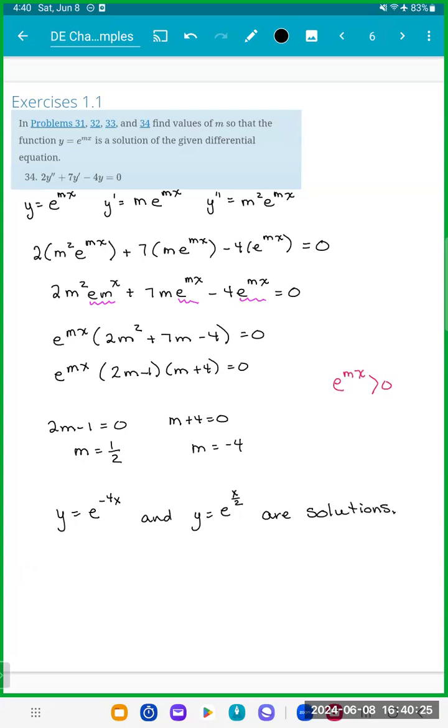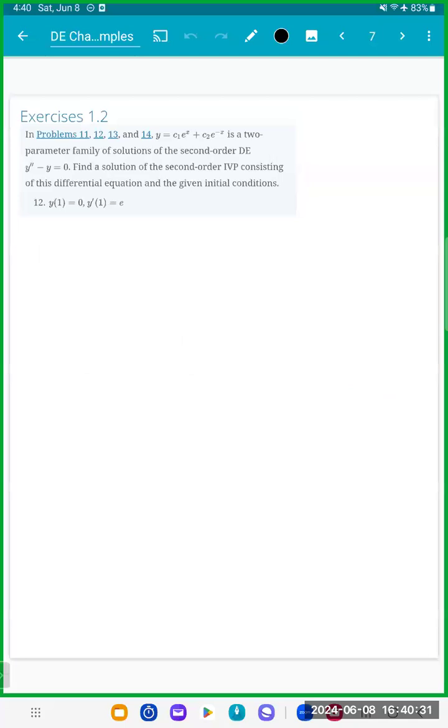Okay, all right, let's move to the next section. Now we're going to look at section 1.2. This is similar to problems 11 through 14. We're given a y equation, and it's a two-parameter family of solutions of this second order differential equation.